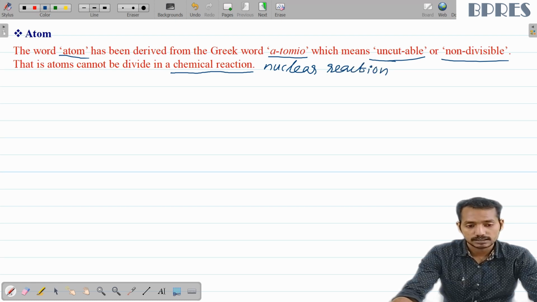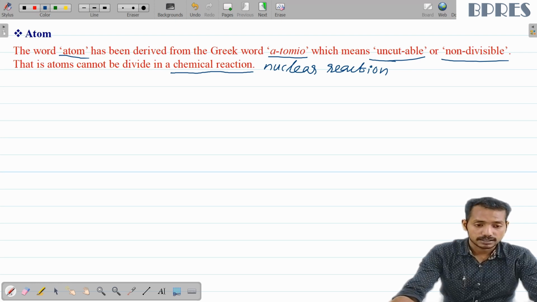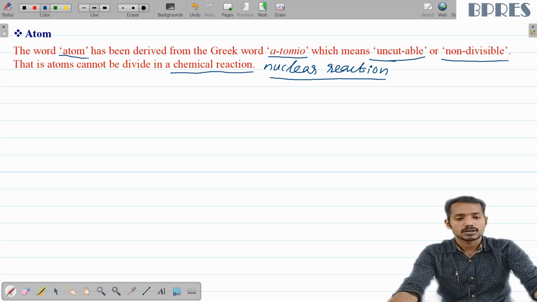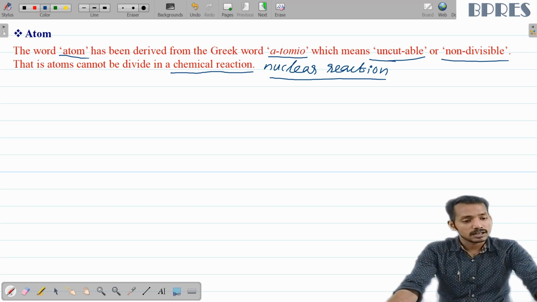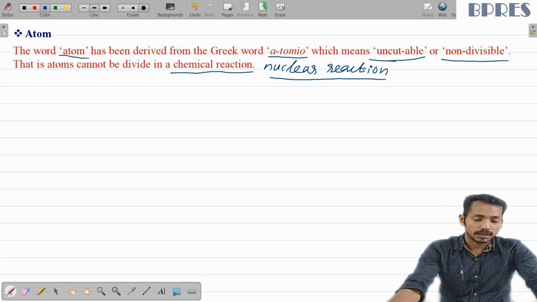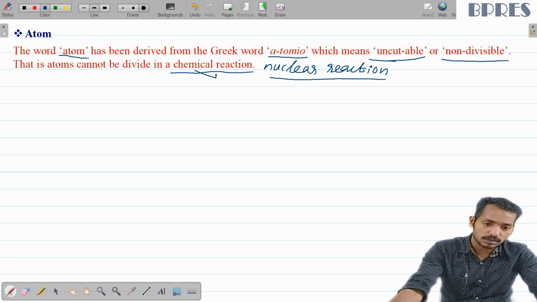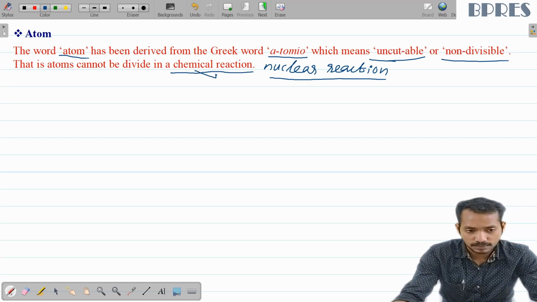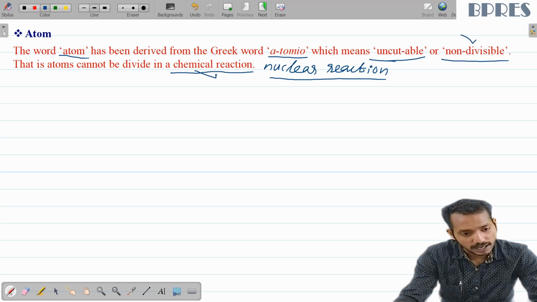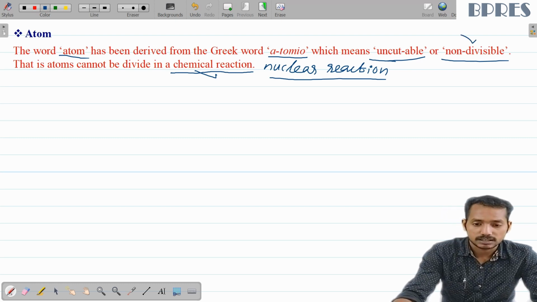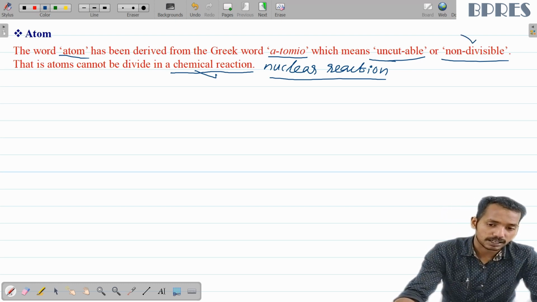You may have heard that in suns and stars, the energy is released with the help of nuclear reaction, like an atom bomb. So in that case, atoms are divisible. Okay, but in case of chemical reaction, the normal reaction which takes place in chemistry, it is non-divisible. Because of that, the word atom was given to this particle.